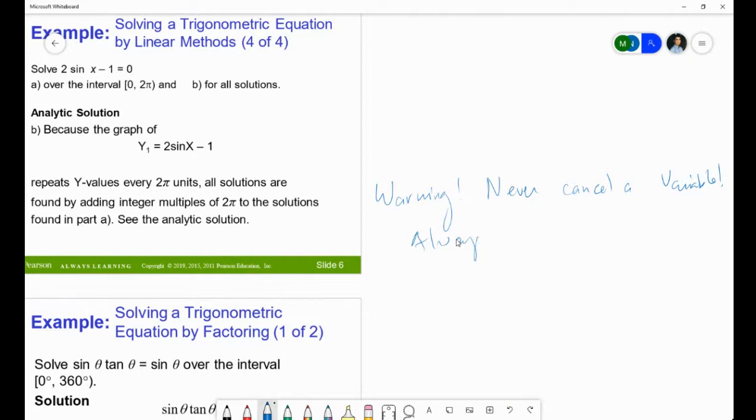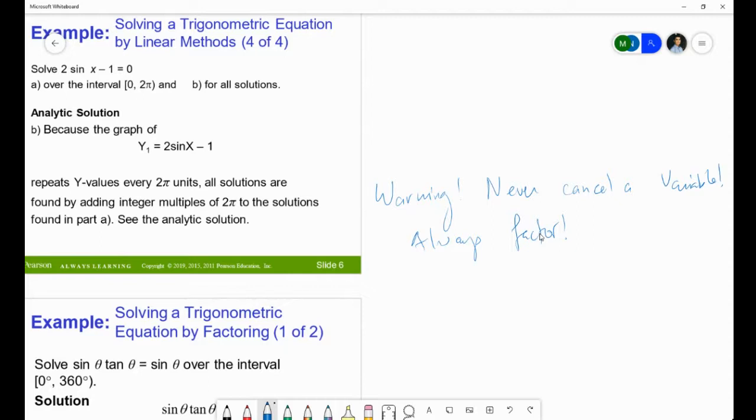Always factor. The reason for that is because if you cancel a trig function or a variable, you're going to get rid of some of the possible solutions. And you're going to see that here in this example.